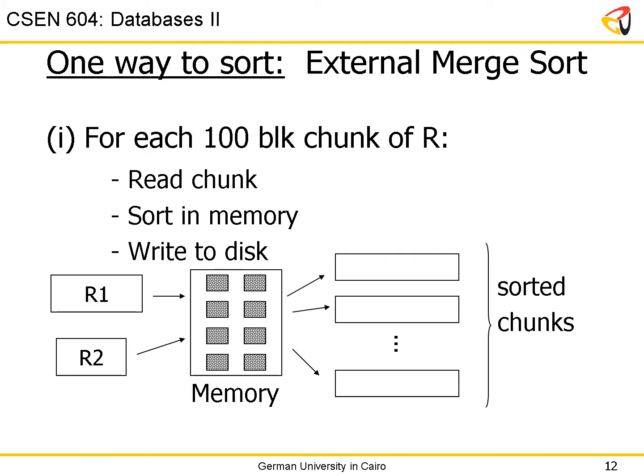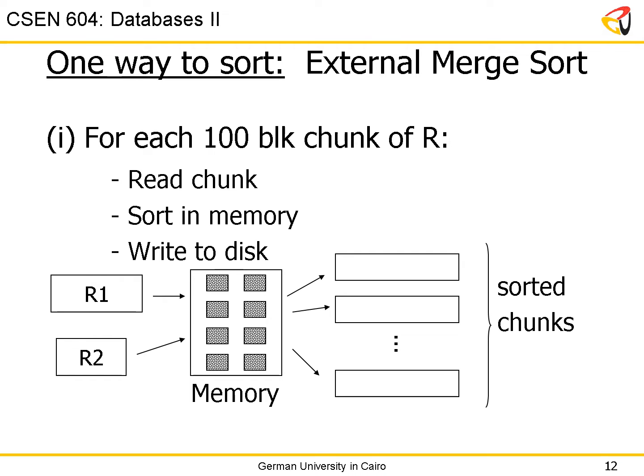Now, in the first phase, we are going to read individual pages from disk to memory, and then we sort the page in memory locally. Local sorting means within the page, and then we put it back on disk. I'm loading page by page, sorting it.